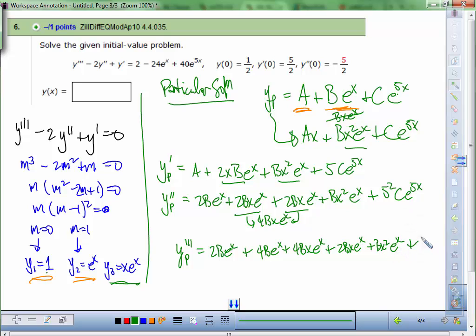And then the derivative here is 5 cubed c e to the 5x.